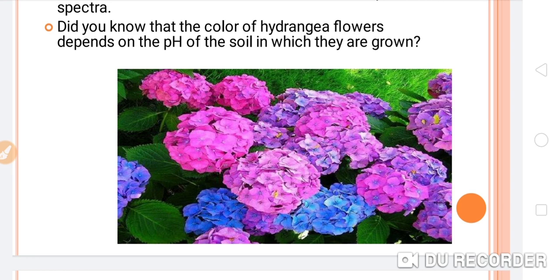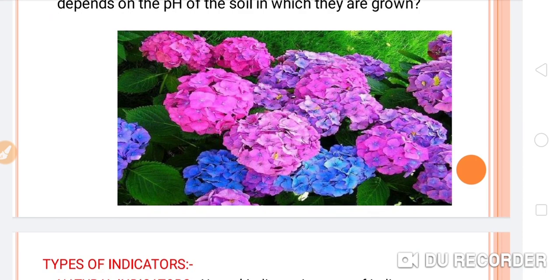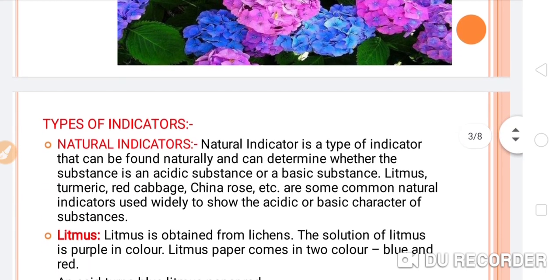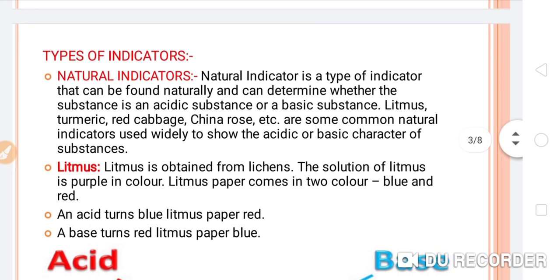Sorry, I said earlier that it is red, but here you will observe pink flowers. So this proves that plants are also sensitive towards pH. In soils of different pH there are different colored flowers, like the hydrangea.